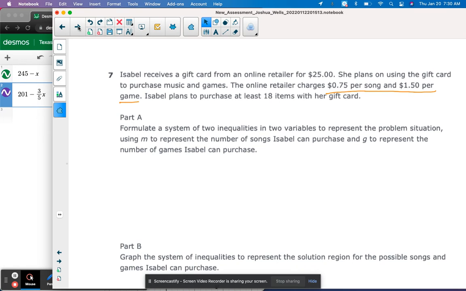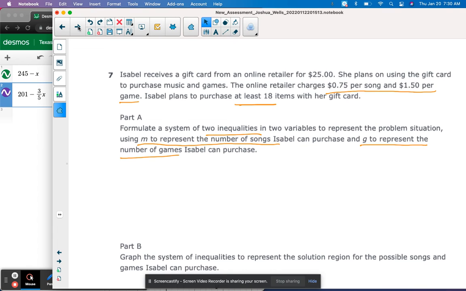And Isabel plans to purchase at least 18 items with her gift card. So we need to write a system of inequalities to represent the situation, using M to represent the number of songs and G to represent the number of games.